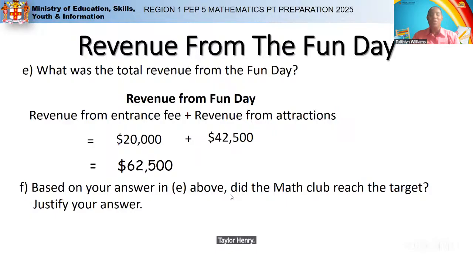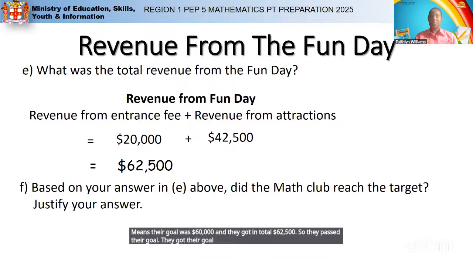Go ahead, unmute and share with us. Miss, their goal was $60,000 and they got in total $62,500. So they passed their goal. They passed the goal by $2,500. Thank you so much, Taylor Henry.